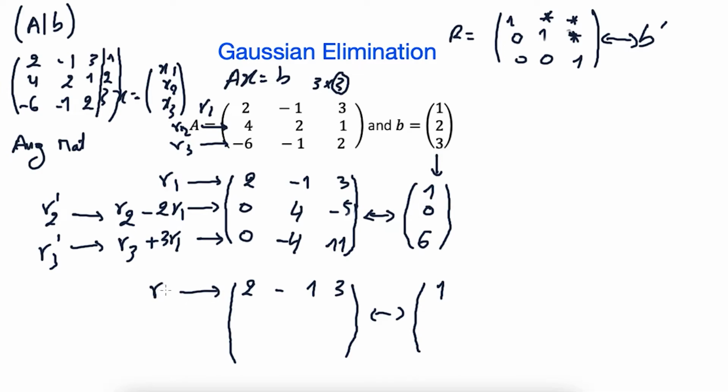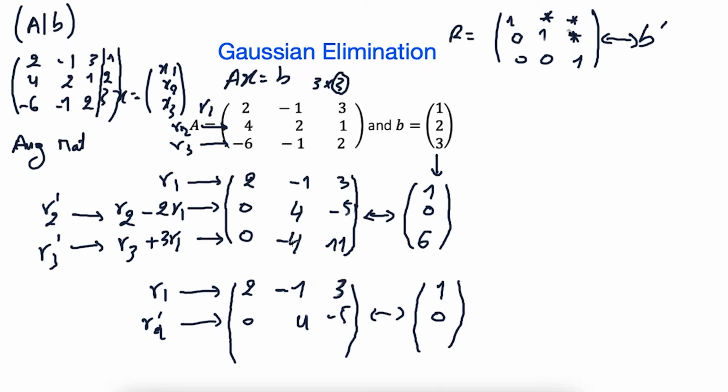So this R1 and this R2 prime, so 0, 4, and this minus 1 must be here, and here is minus 5, and here is 0.